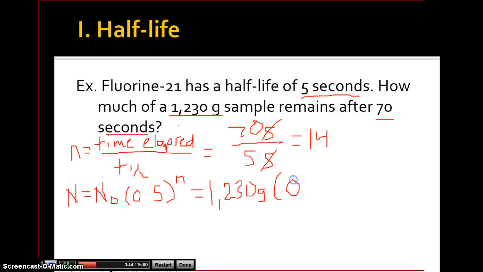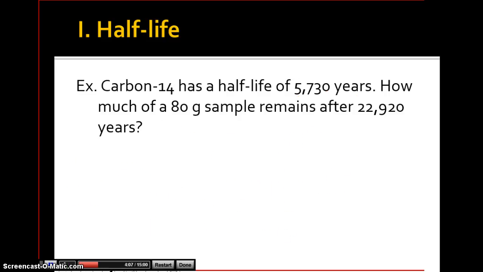And then you take 0.5 to the 14th. You only do 0.5 to the 14th, and then you take that times 1,230 grams. So your N is going to equal 0.075, and we'll carry the grams down. So it'll be 0.075 grams. You should pause and try to do this one on your own.